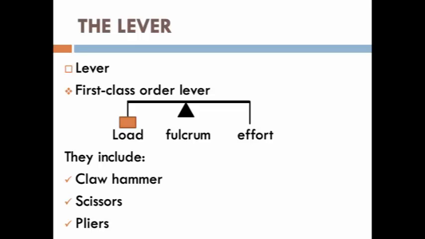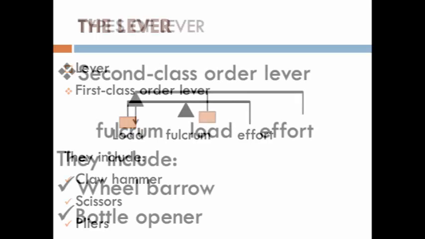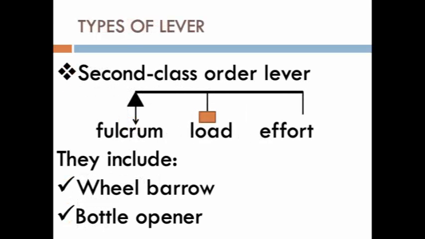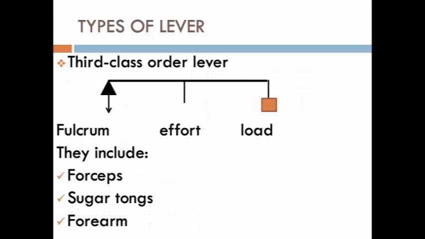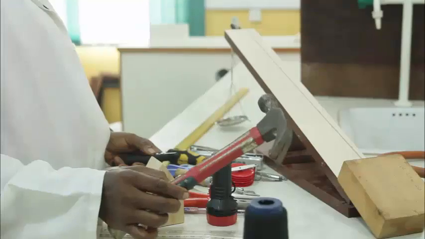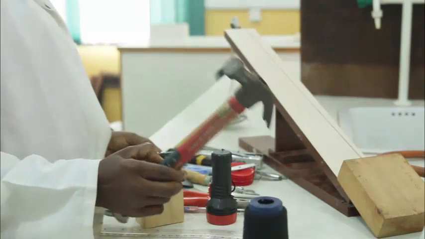The first one, we have the lever. Remember that we have the first class lever, second class, and third class. An example of a first class lever is the claw hammer.